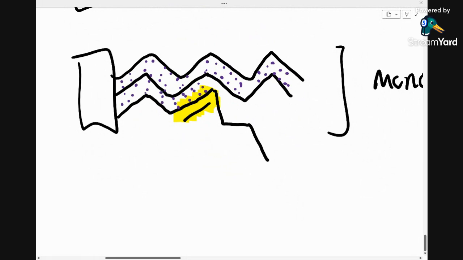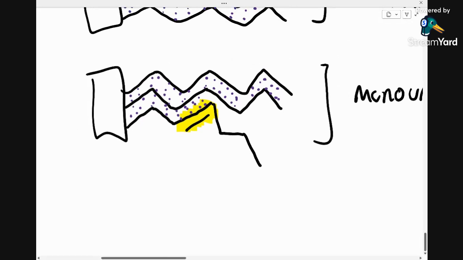As soon as you now cause the kink in the chain here, you can no longer have intermolecular forces between these two chains, between this one and this one. The reason is they now exist too far apart, but the bend in the chain has caused the hydrocarbon tails not to stack on top of each other, not to pack as closely together.